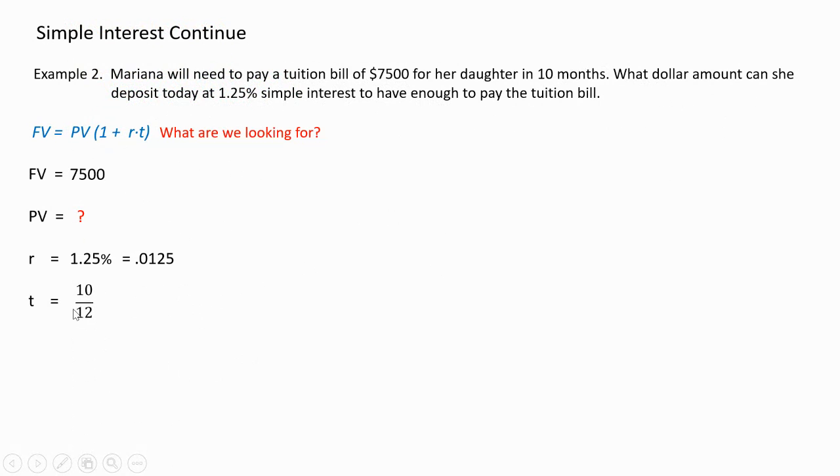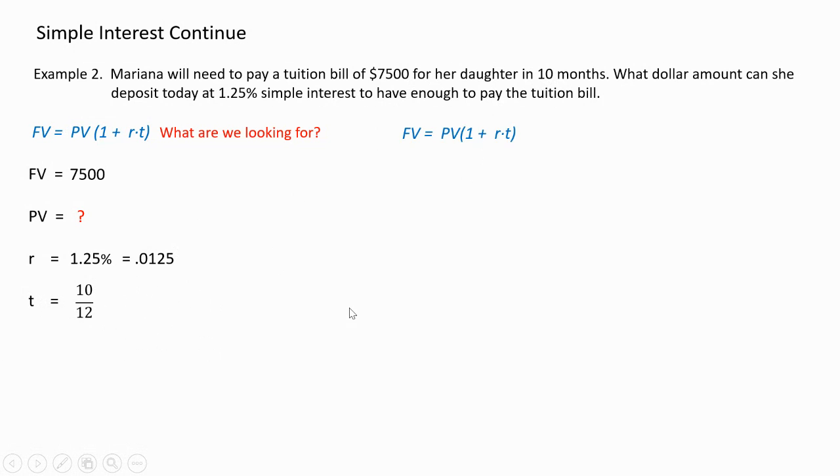Here's where a lot of students make mistakes. Just because they see 10 in months, they put 10 for time, and it's wrong because the time's supposed to be in years. I always see this common mistake that students make, that they want to put 10 instead of 10 divided by 12. So please do not make the mistake.